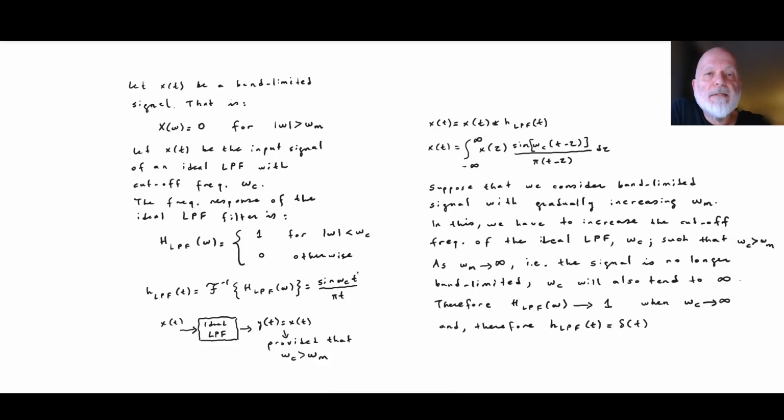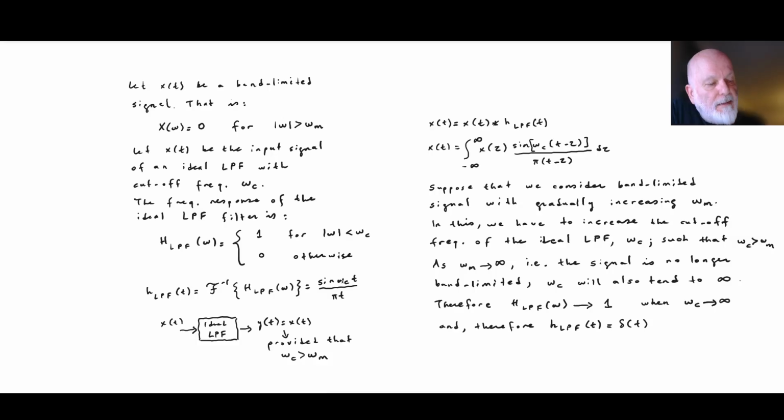So when omega c tends to infinity, the value at 0 will tend to infinity, and the zero crossings will get closer to each other and become very close to 0, and therefore that sinc function, the impulse response of the ideal low-pass filter, will tend to an impulse.